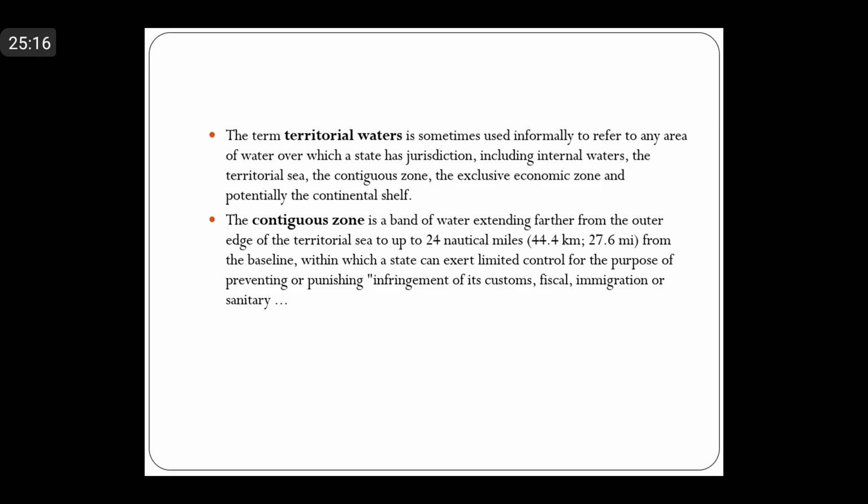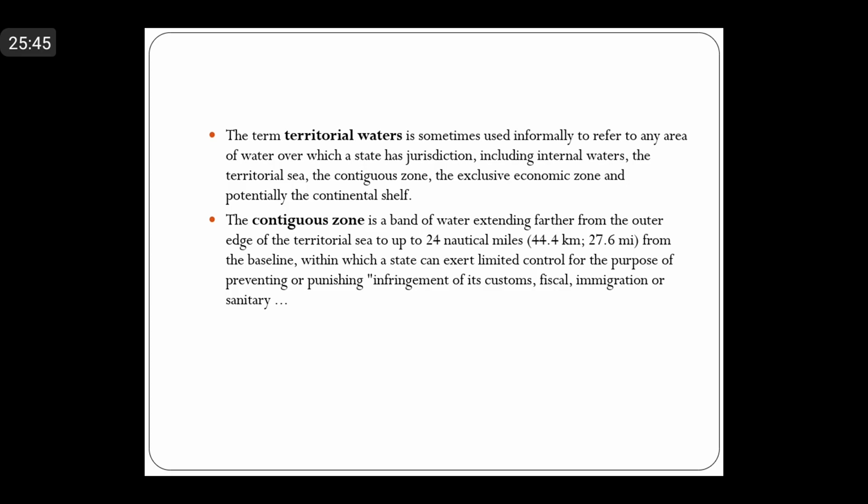The state has jurisdiction to 12 nautical miles, including internal waters and the territorial sea, the contiguous zone, the exclusive economic zone, and potentially the continental shelf. Okay. So, what is that territorial water? The state has the right, or the state has jurisdiction, to use its resources up to 12 nautical miles of territorial water from the coast.